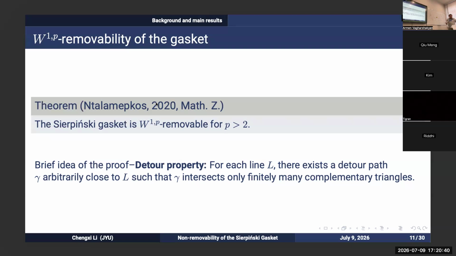I think in some survey paper. So another example where it's not known, which is very interesting, is the trace of Brownian motion in the plane. It's known that it has Hausdorff dimension 2, but it's not known if it's non-removable or not.